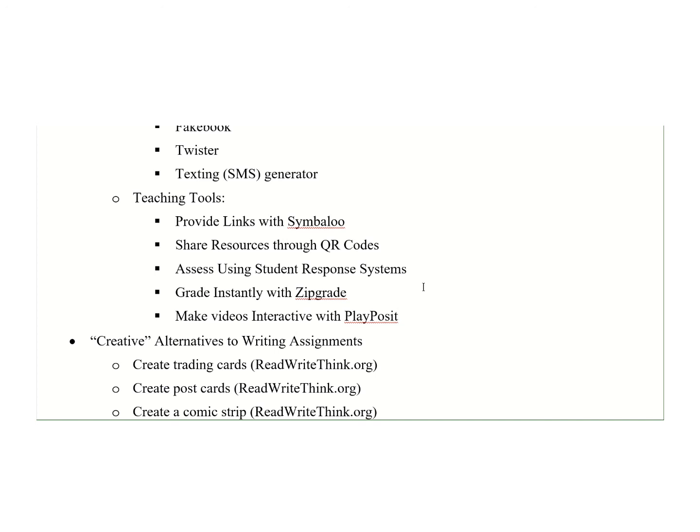We looked at student response systems and grading apps, and also how you could make a video interactive with Playposit, and that way you could send it home with students and know that they were looking at that video because they have to answer questions about it.